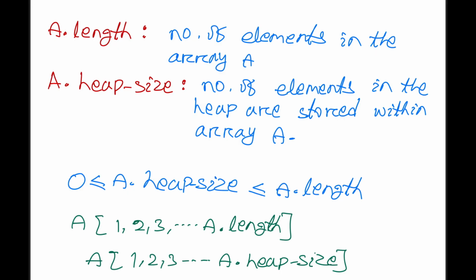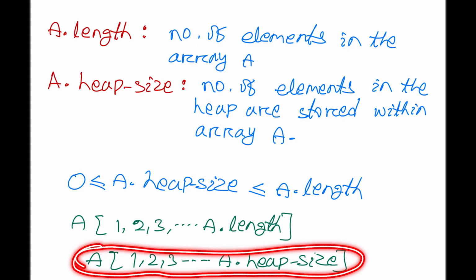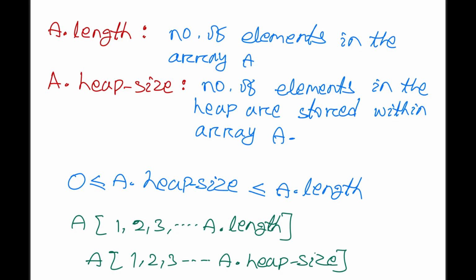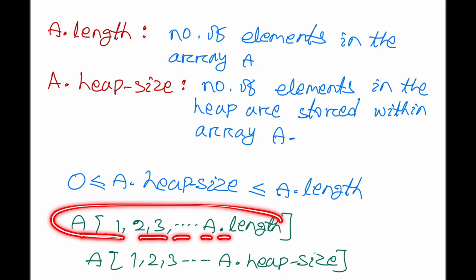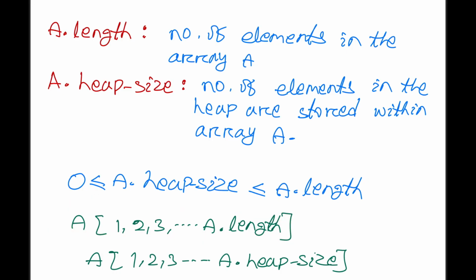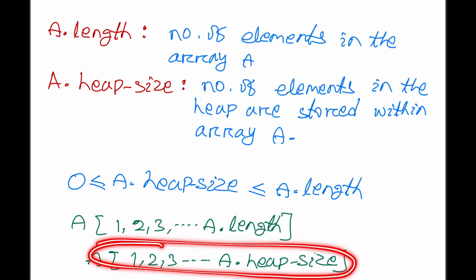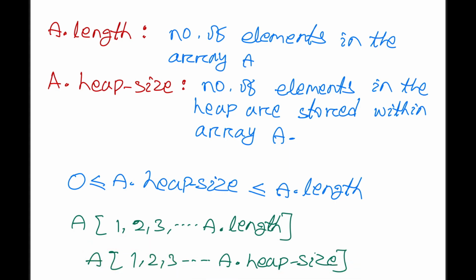From this array, the elements from index 1 up to A dot heap size are valid elements of the heap, and some of the elements from A dot heap size onward to A dot length are present in the array, but not elements of the heap.